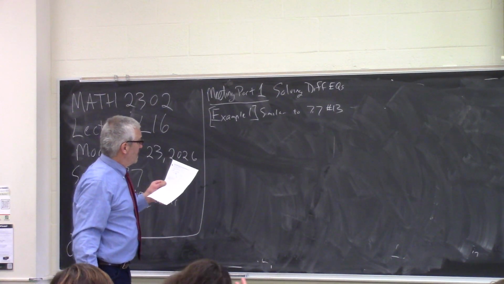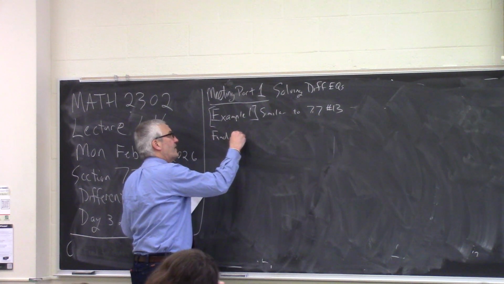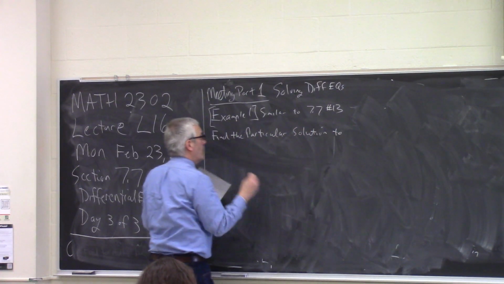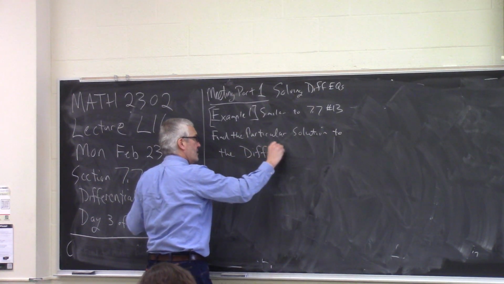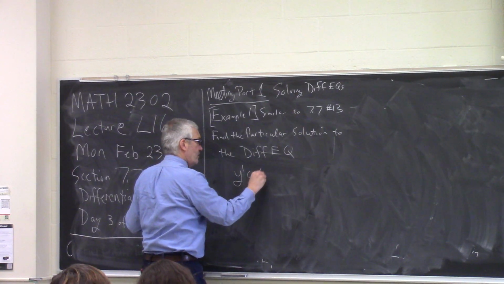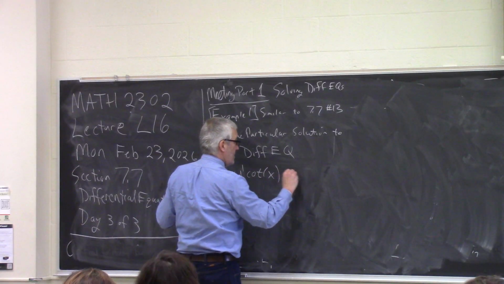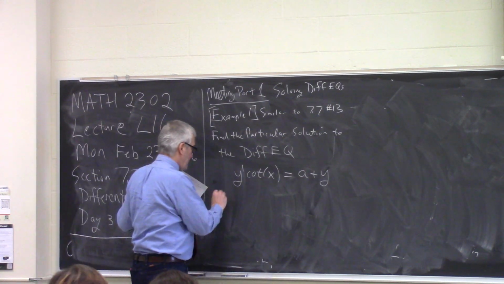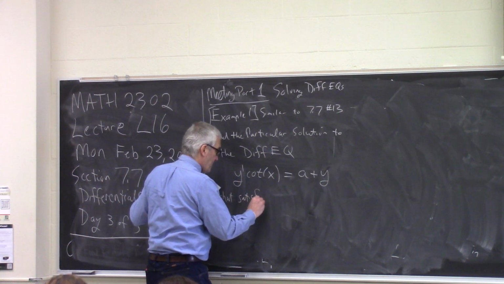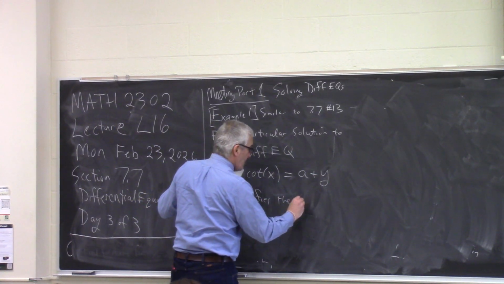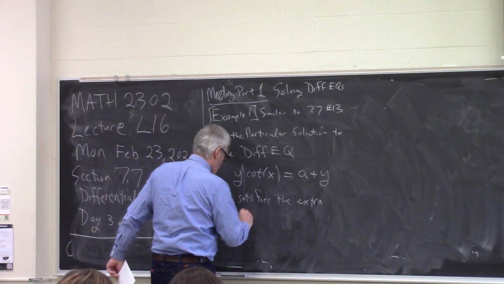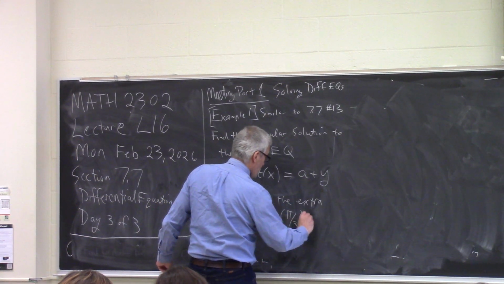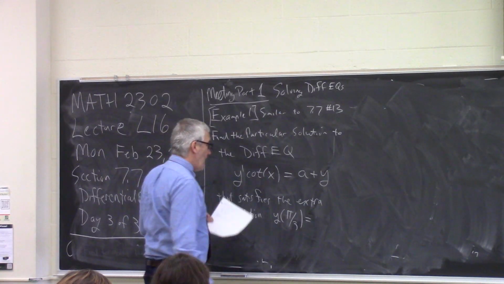Find the particular solution to the differential equation y prime cotangent of x equals a plus y, that satisfies the extra condition that y of pi over 3 equals, I'm going to say, 5a.